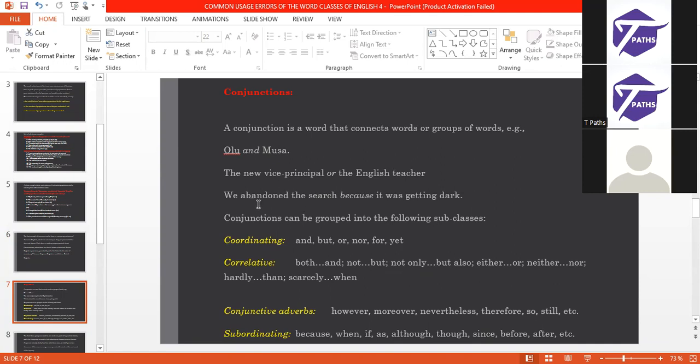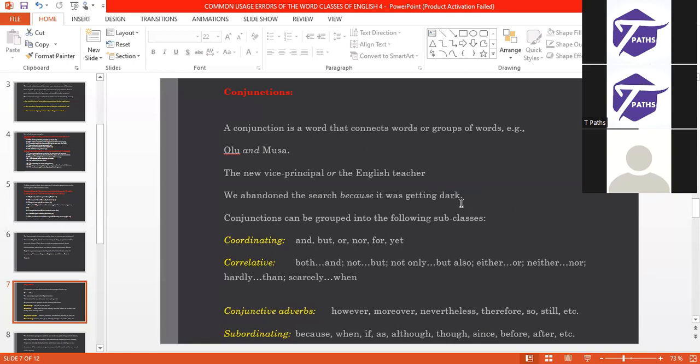Okay? We abandoned the search because it was getting dark. Look at this word here, because is used to join these two sentences. We abandoned the search is one part of the sentence. It was getting dark, another part. All right, so you see these clauses, we abandoned the search and then it was getting dark.